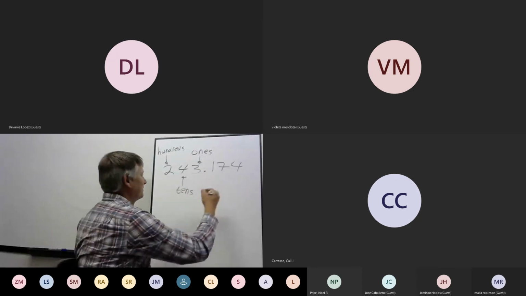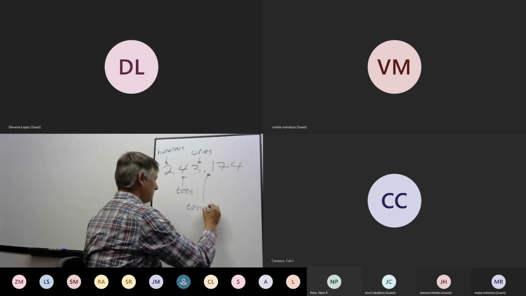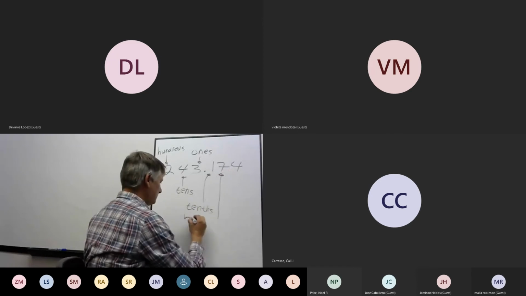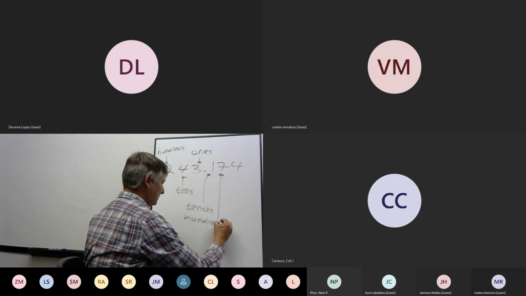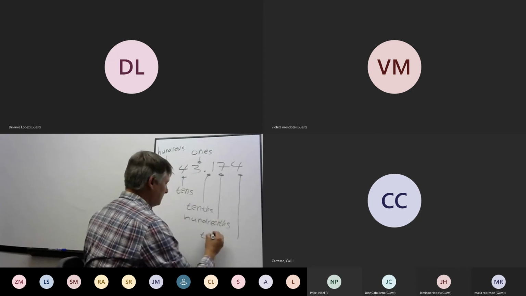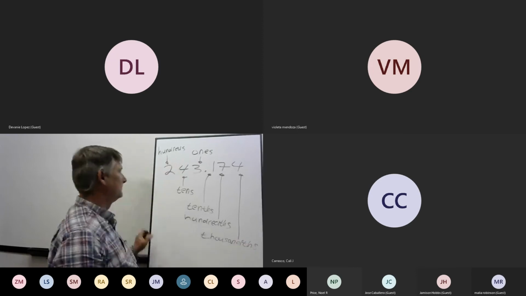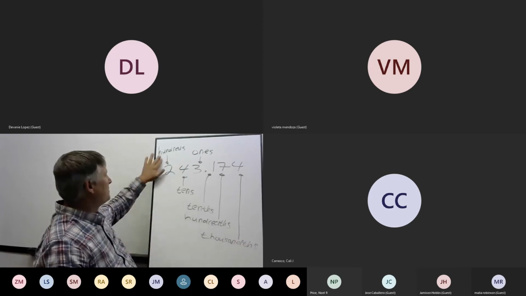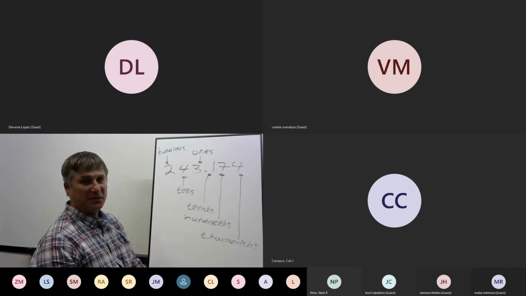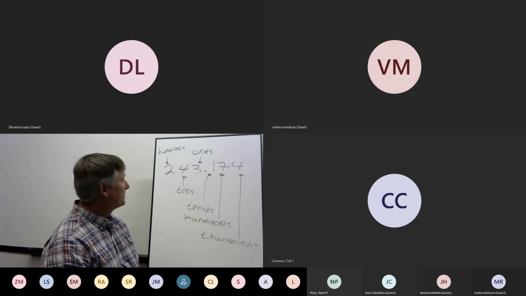There's a TH in it. So we have the hundreds, the tens, the ones, the tenths, the hundredths, the thousandths, and these will go on and on and on. So those are our decimal places.